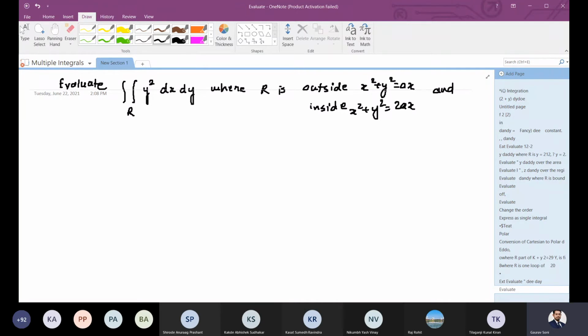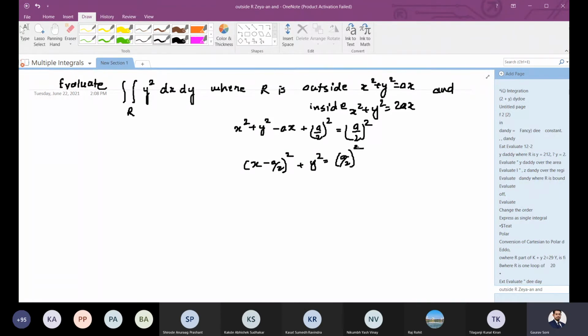If you simplify the two equations and try to identify, I'll write down the first: x square plus y square minus ax plus a by 2 whole square. Simplifying, we have x minus a by 2 whole square plus y square equal to a by 2 whole square. And simplifying the other equation, it turns out to be x minus a whole square plus y square equal to a square.